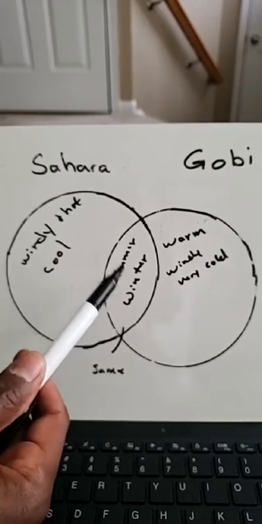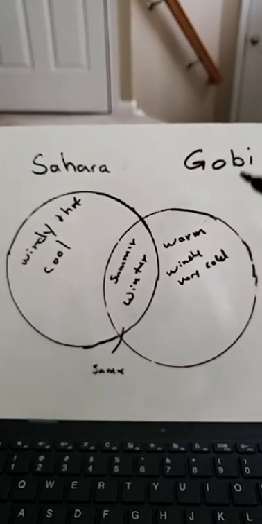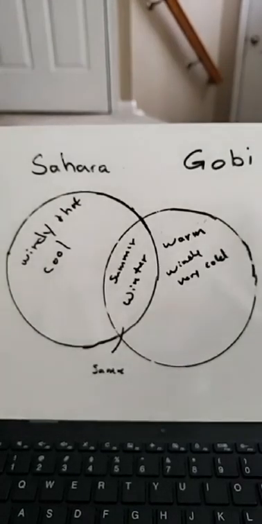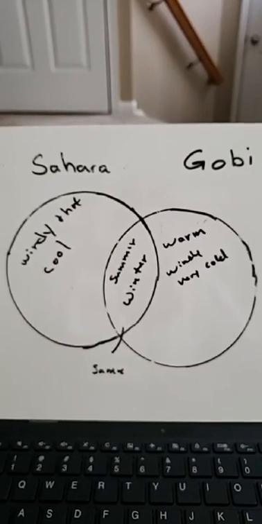Summers in the Sahara are windy and hot, but summers in the Gobi are warm. Winters in the Sahara are cool, but winters in the Gobi are windy and very cold. This information came directly from the text.